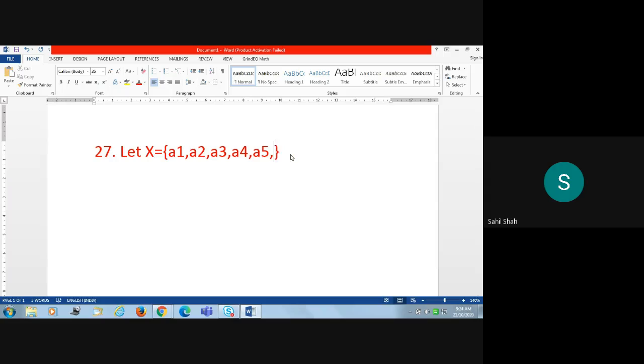Now, let's get A1, A2, A3, A4, A5, and we have been provided with a matrix of relation. It has elements 1, 0, 0, 1, 0, 0.